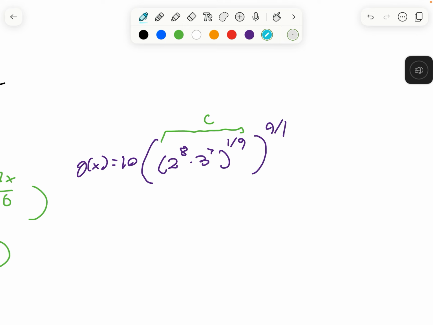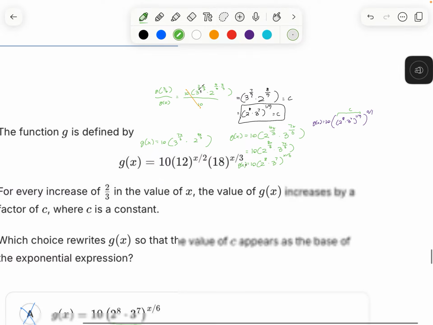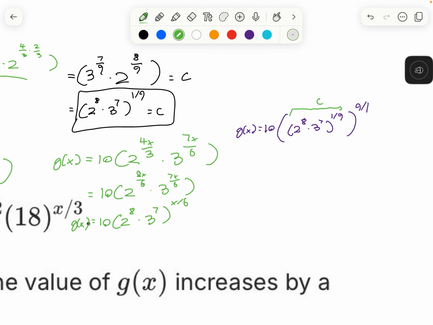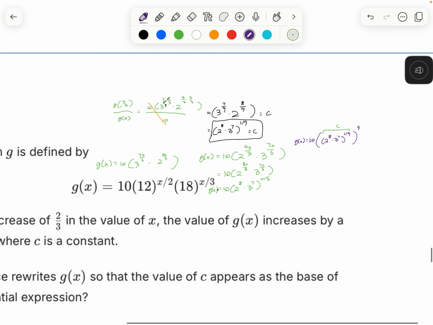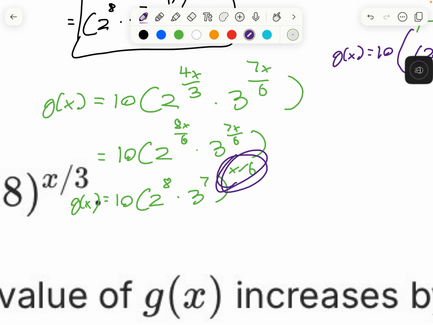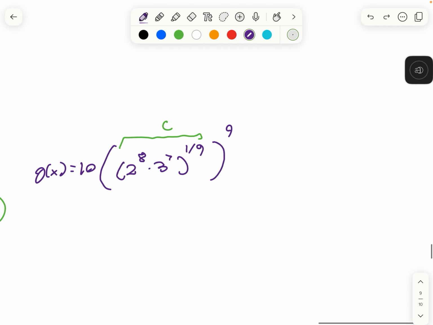The reason is, once again, if you do 1/9 times 9 over 1, those cancel out and become 1, and it effectively keeps the equation equal to the original function g of x. So now you're left with c to this power. I'm just going to call this 9, because 9 over 1 is just 9. And all of that is to the x over 6. Don't forget the x over 6.